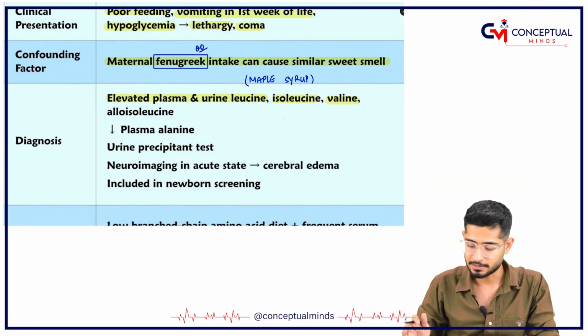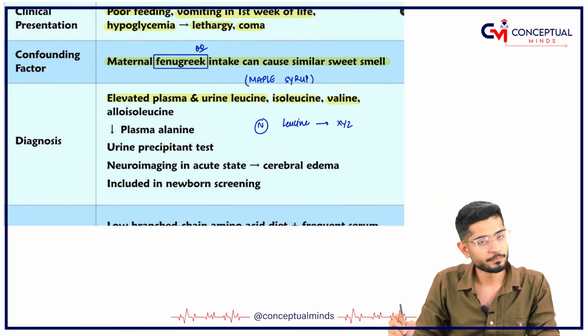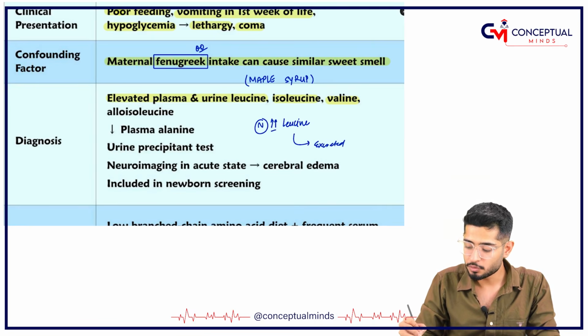My dear friends, understand, leucine in a normal individual is going to get converted into some product. If this conversion is not happening, of course leucine is going to get accumulated. Although some part is going to get excreted out, still leucine is being produced so much and metabolized so little that the net amount of leucine is very, very high. You got it? That's it.